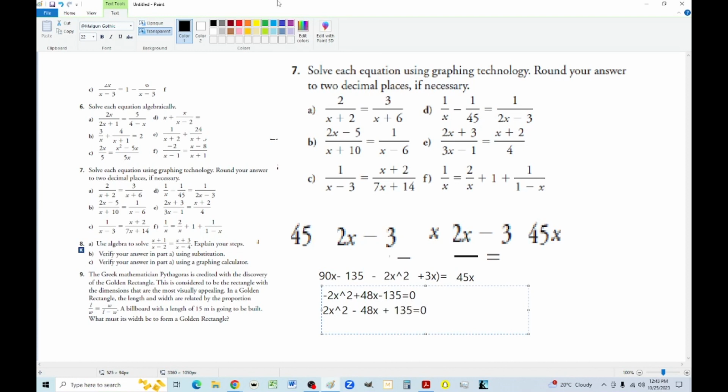And now I can put that into my quadratic formula, where a is 2, b is minus 48, and c is 135. And these are the 2 possible answers I get.